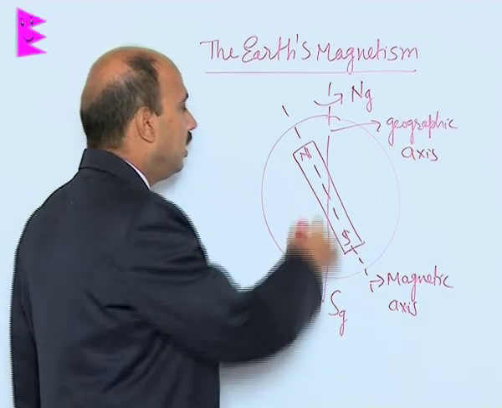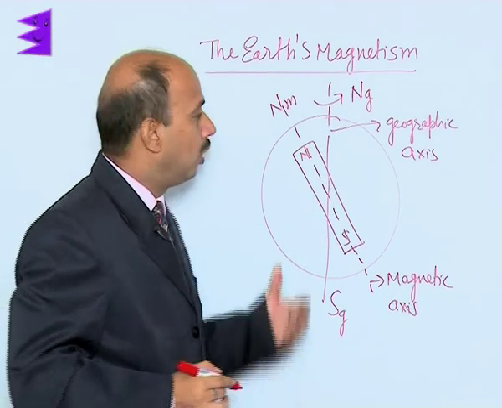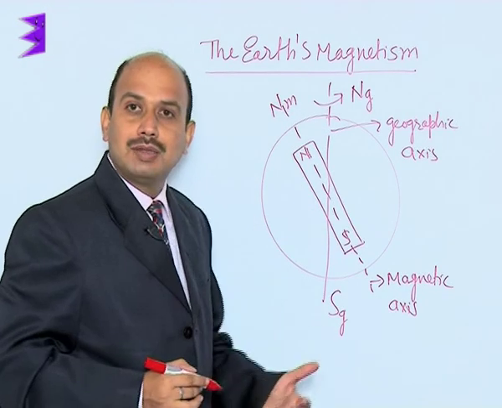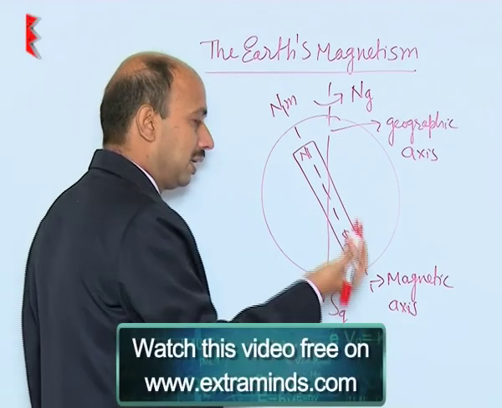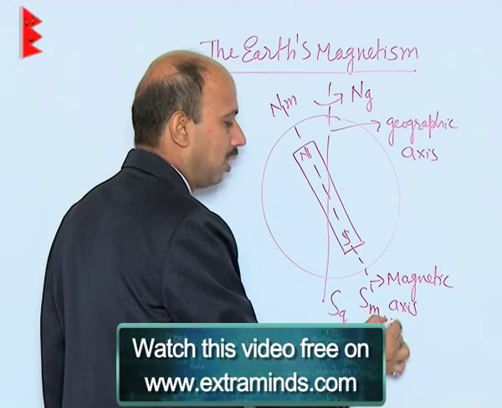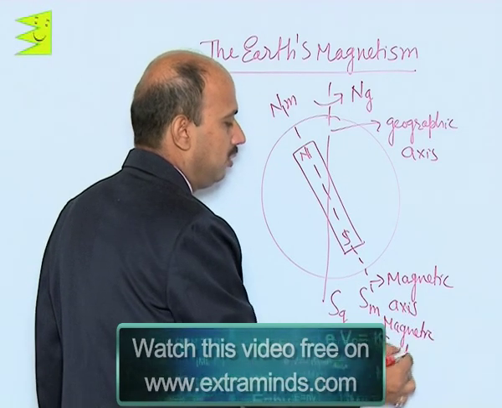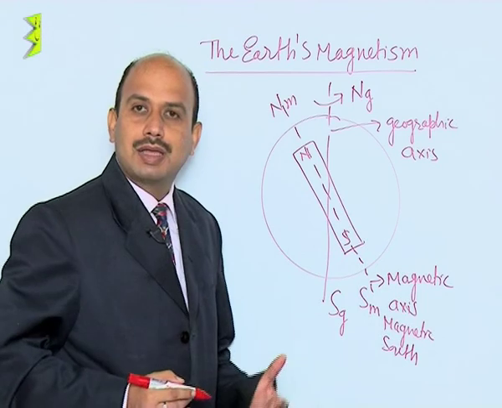Now this is known as the magnetic north, or you can say the north direction shown by the bar magnet and the magnetic compass. This is known as SM, that is called magnetic south. This is the south direction shown by the magnetic compass.